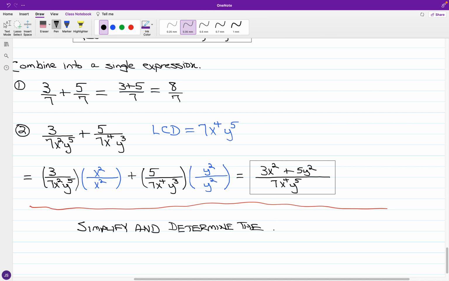If we're looking at simplifying and determining the restricted value or values.